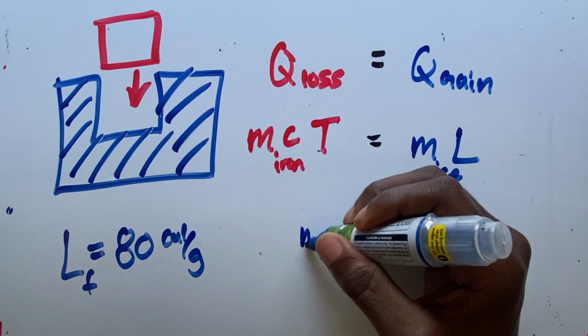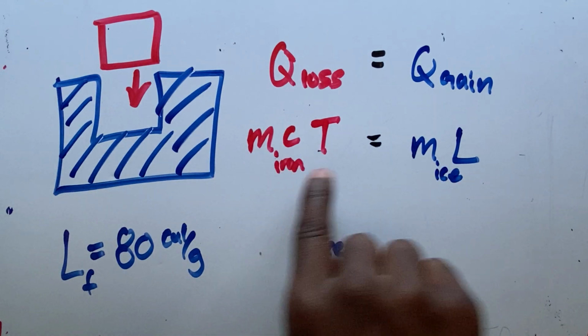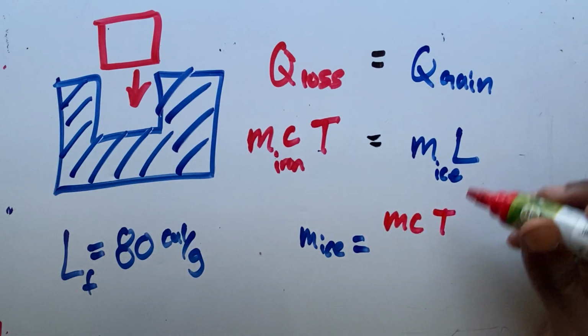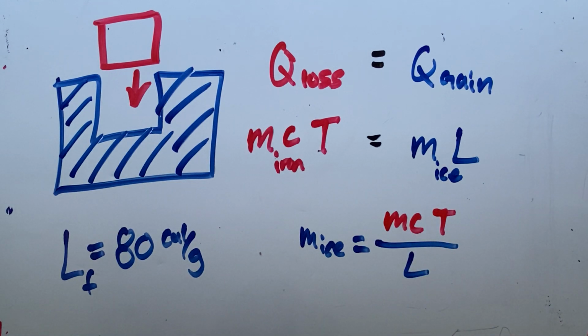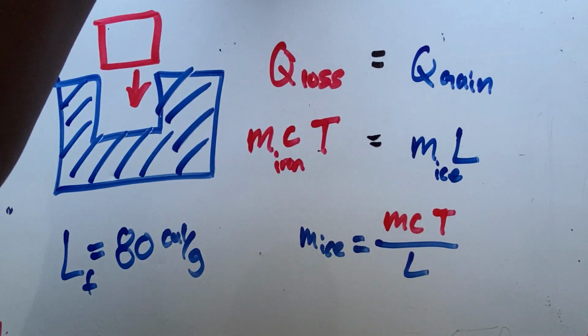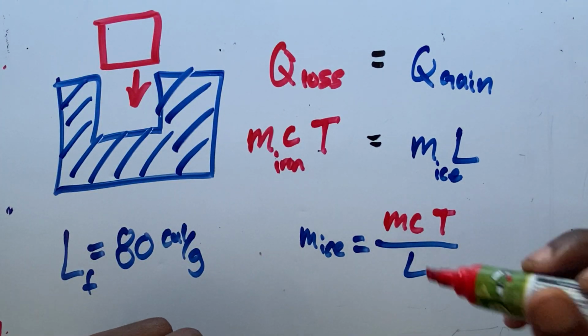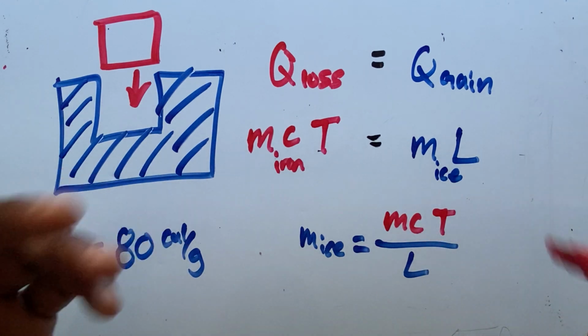Well, that's going to be mass of the ice equal to all this divided by L. So MCT divided by L. So again, that M is for the mass of the iron, which I don't remember what it was, but it was given in the question.